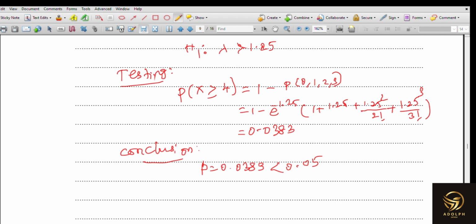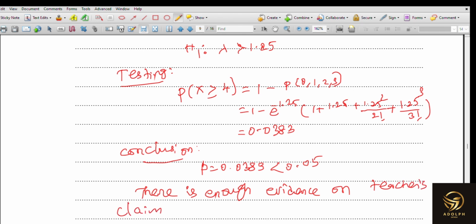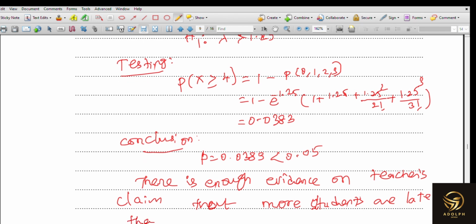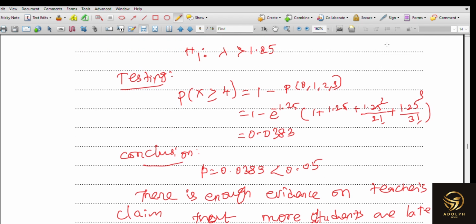So we can say that there is enough evidence on the teacher's claim, the new claim, that more students are late than before. So this is how the testing works.